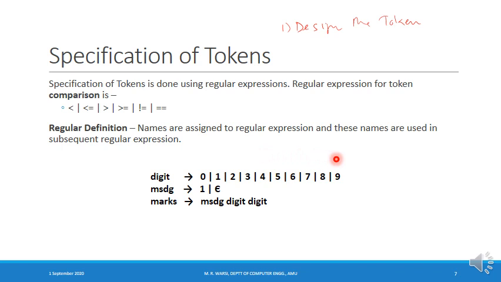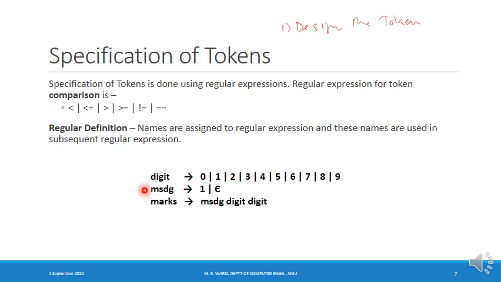Consider this regular expression: 0 union 1 union 2, and so on up to 9. Now this is a regular expression, and it is being assigned a name. The name assigned to this is digit. So this regular expression is being referred to by the name digit. In the subsequent regular expressions, I will refer to this name.